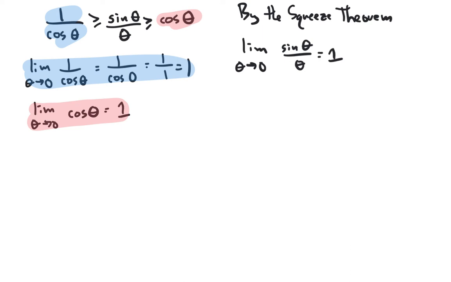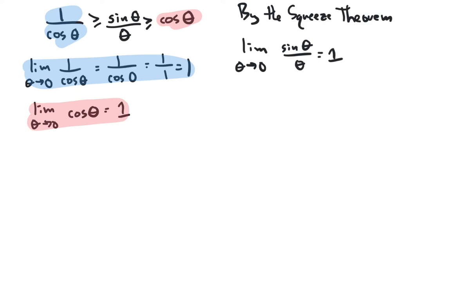Great. I do want to talk about what this means. So we're taking a ratio of two functions, sine theta and theta, and we're getting the number 1 out of it. So what does that kind of mean?